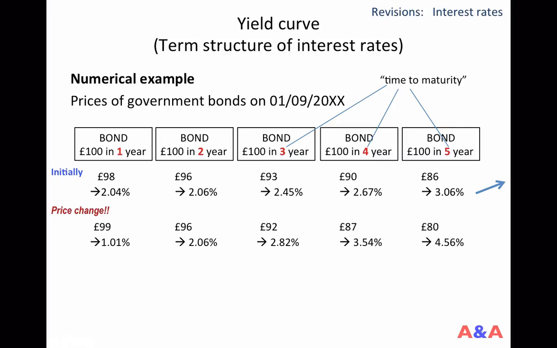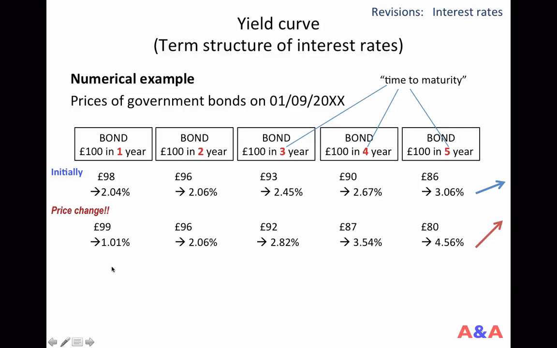The bond price rising is equivalent to the implied interest rate dropping. And the bond price dropping is equivalent to the implied interest rate or yield rising. Okay? As a result, the term structure of interest rates is steeper, even more strongly increasing in time to maturity than yesterday.